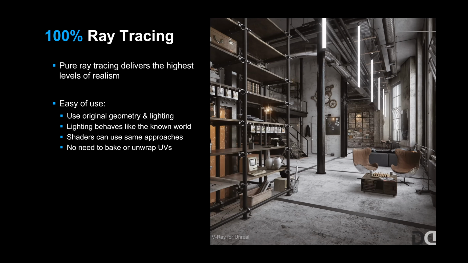And if you keep everything in ray traced, then we get to use the same approaches. We don't have to suddenly go, okay, now we have to switch between what was ray traced and fake that with maps or whatever, because we're now trying to take a ray traced shader and turn it into a rasterized shader. None of that is needed. We can keep it all very consistent.